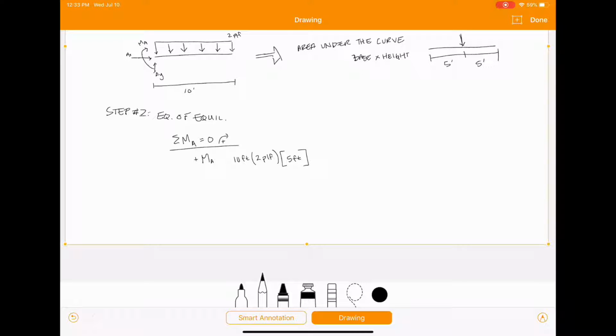Now, looking at this right here, if we're trying to rotate about that point, this is going to push down on the beam and try to cause it to rotate clockwise around point A. So therefore, this is positive.